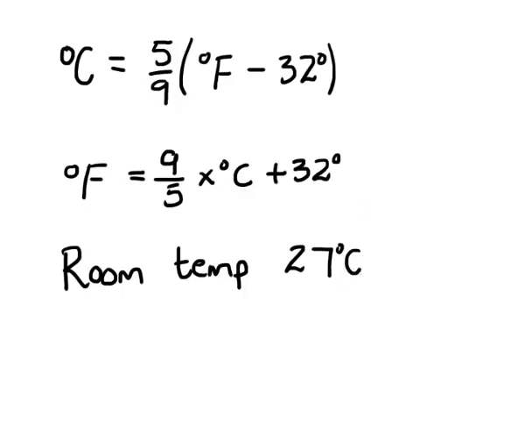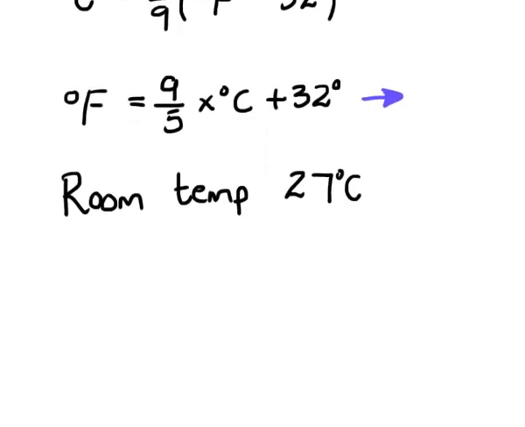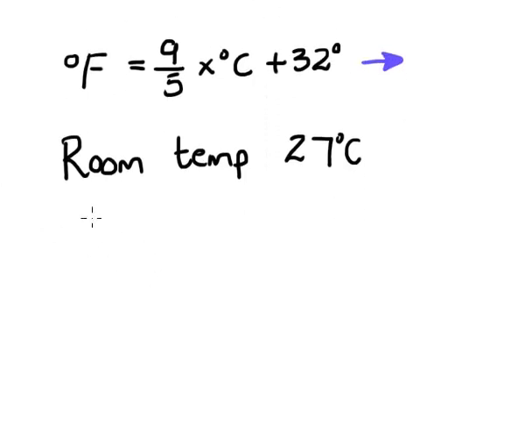And they are telling us in this question to use this formula over here. Remember that you will, in a question, be given the actual formula. Okay, so that's the one that we're going to be using. So our degrees Fahrenheit, we always first start by writing out the formula times our Celsius plus 32 degrees.